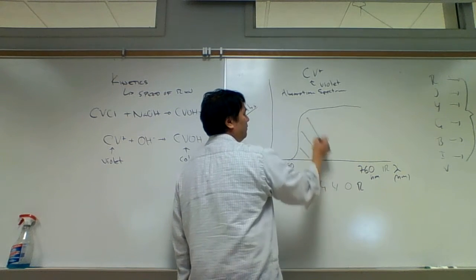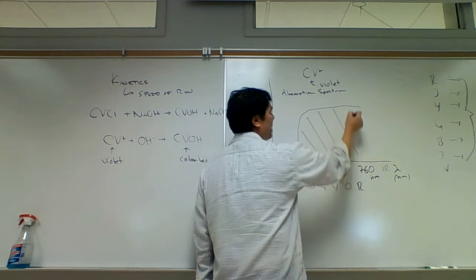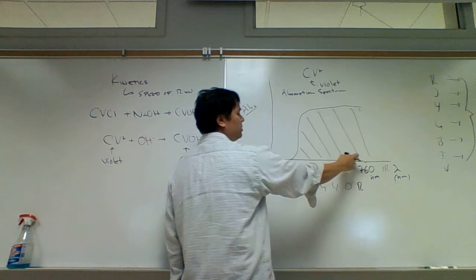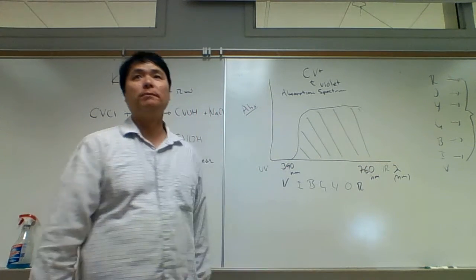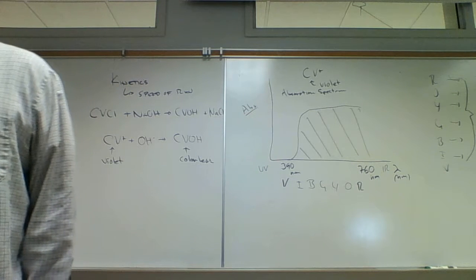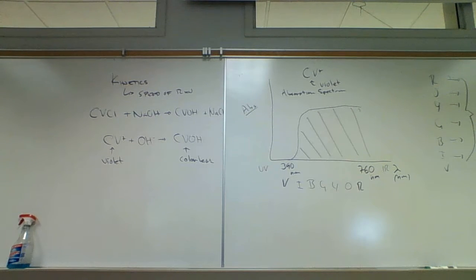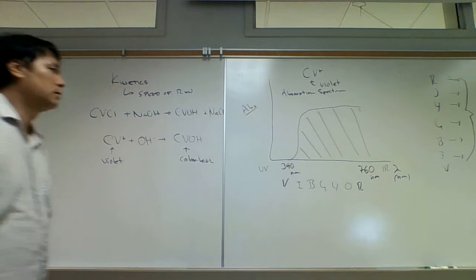And so we have what's called an absorption band, like this. It just absorbs all these colors of light here. This is unlike atoms. When you're taking the spectra of atoms, you get absorption lines. When you take spectra of molecules, you typically get absorption bands, like this.